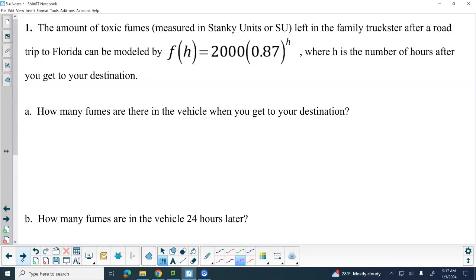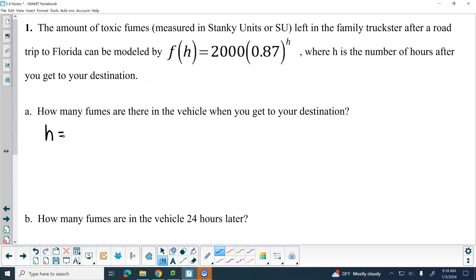So, how many fumes are there in the vehicle when you get to your destination? What H value is that? What is H defined as?